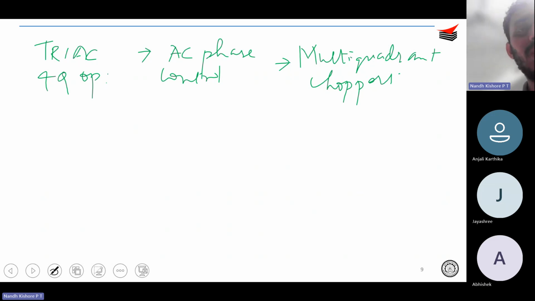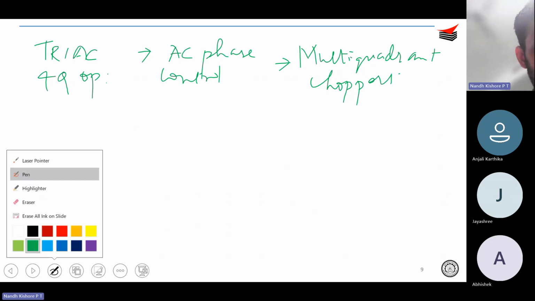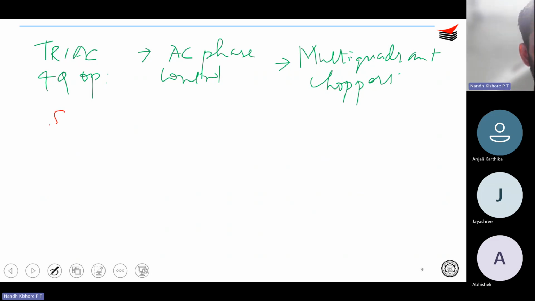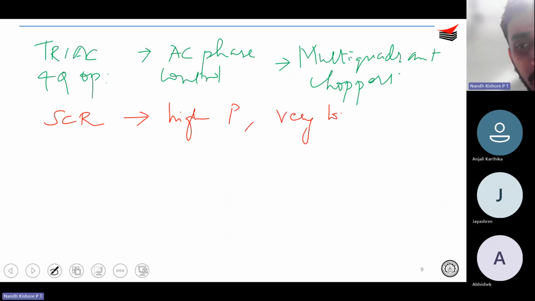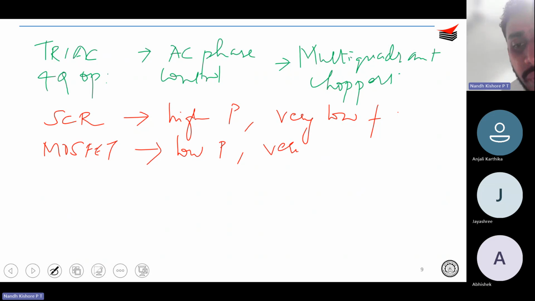Typically we also saw earlier that SCR is used for high power and very low frequency operation. Whereas MOSFET, on the other hand, is used for lower power and very high frequency operation.